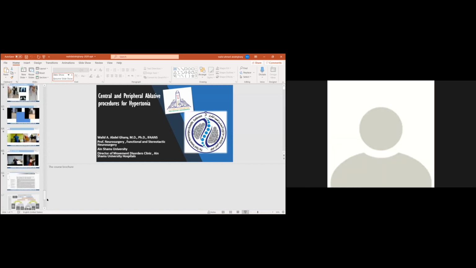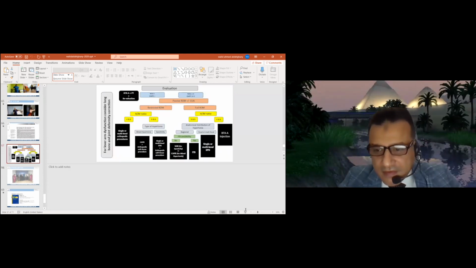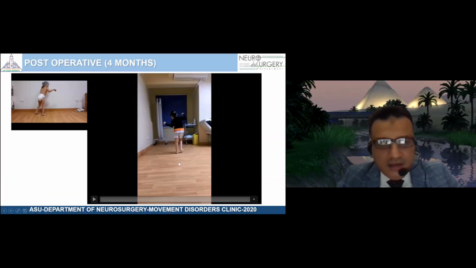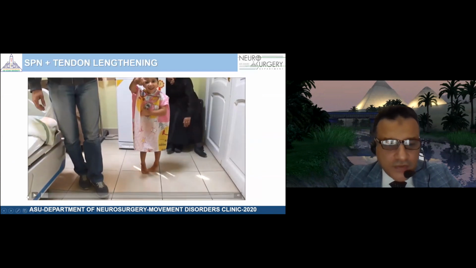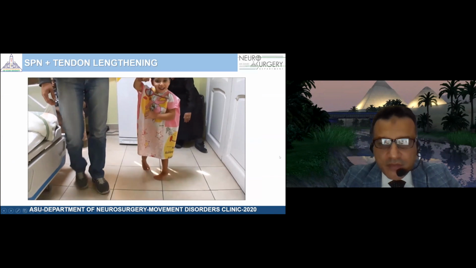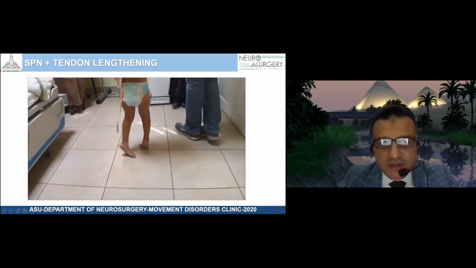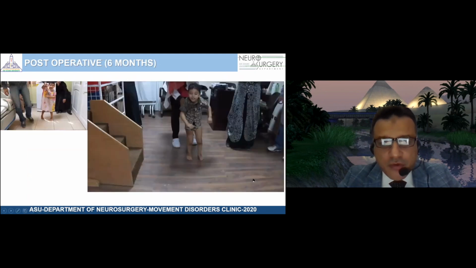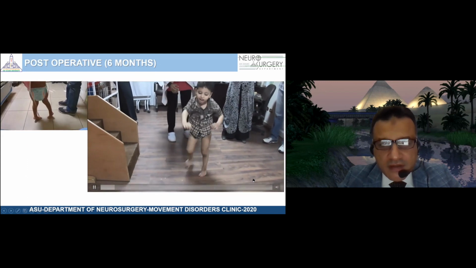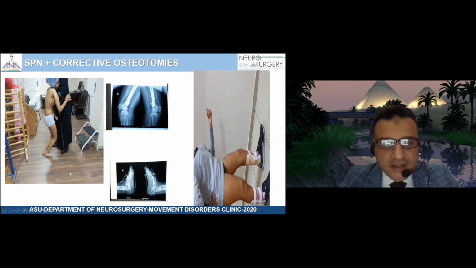Dr. Walid. Yes, I'm with you. This is another child with multifocal form of hypertonia affecting hamstrings, calf muscles, and adductors. In this case, we combine orthopedic surgery in the form of tendon lengthening with selective peripheral neurotomies, and we can see the result.